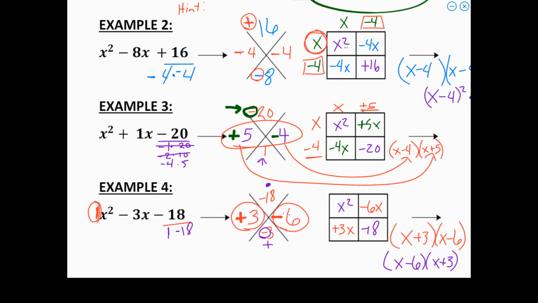So does 1 plus negative 18 give me negative 3? It doesn't. So then I've got 2 times negative 9, but they don't add together to give me negative 3. I'm getting closer. And then I've got 3 and negative 6. So this one works. That one meets the criteria. So if you can't think about it, make yourself a list and go down until you figure out which one works for what you're trying to do. Does that make sense? Yeah. Okay.